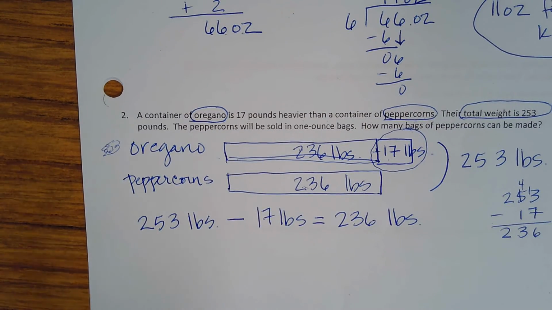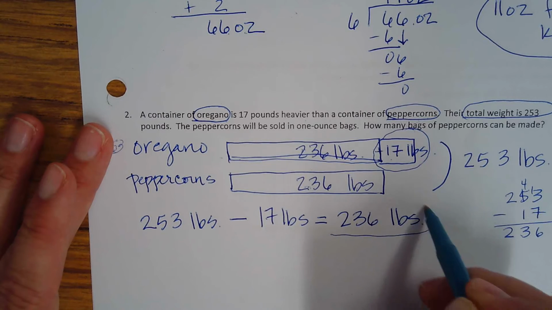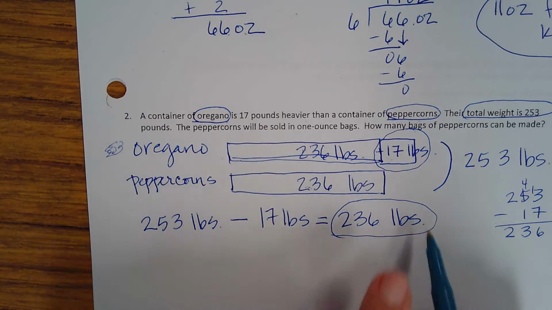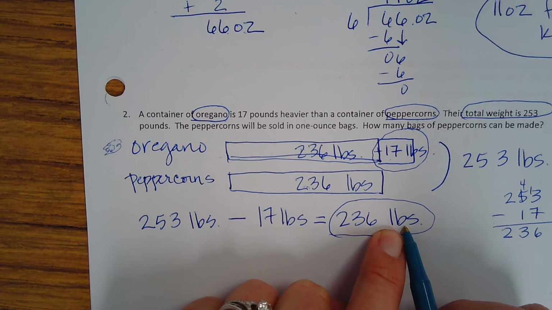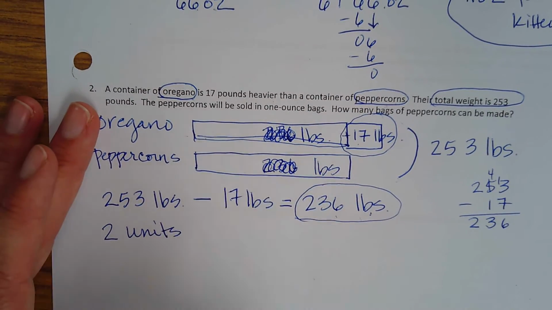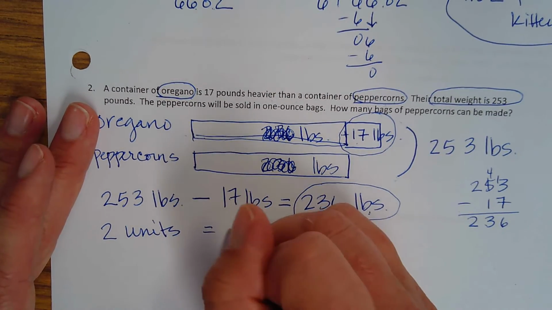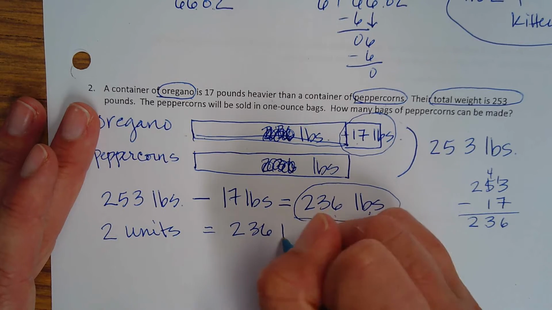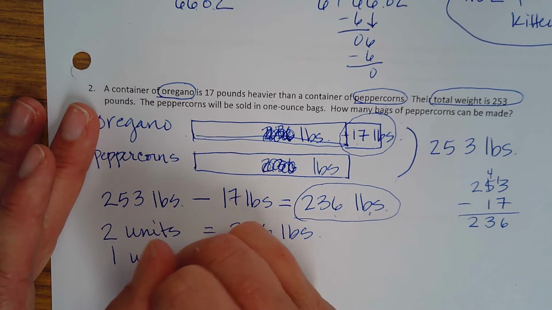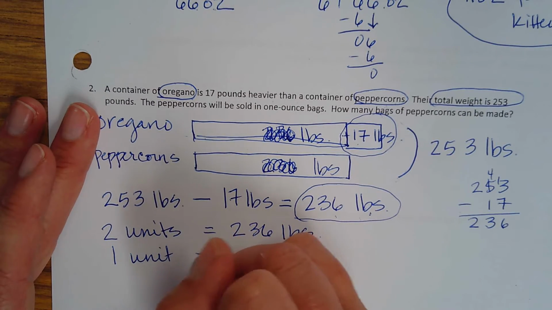All right, so now we need to divide this up into 1-ounce bags. So now this is pounds. We have to go to ounces. So if 2 units is equal to 236 pounds, we need to know what 1 unit equals.